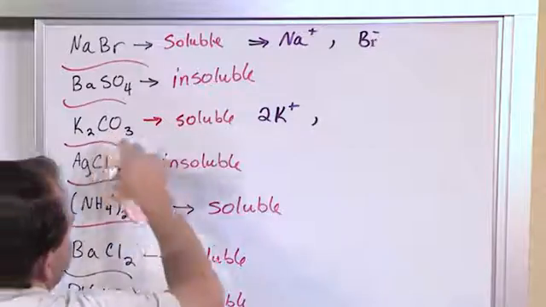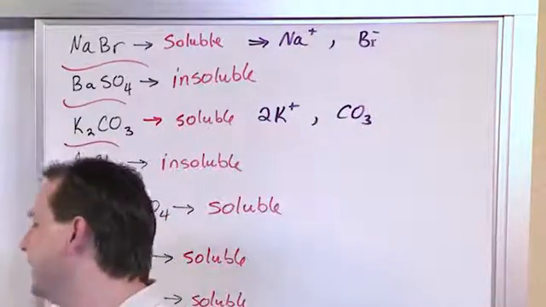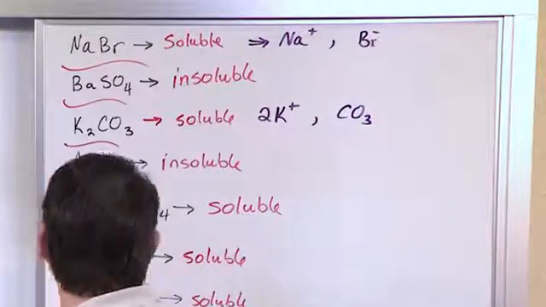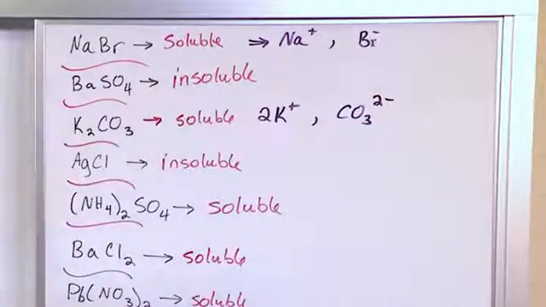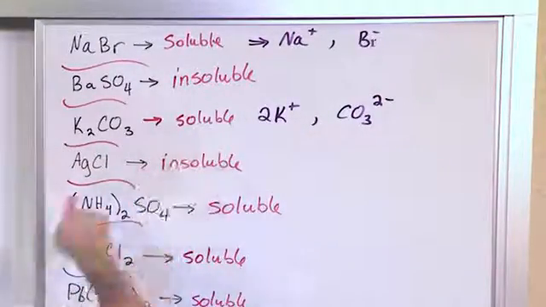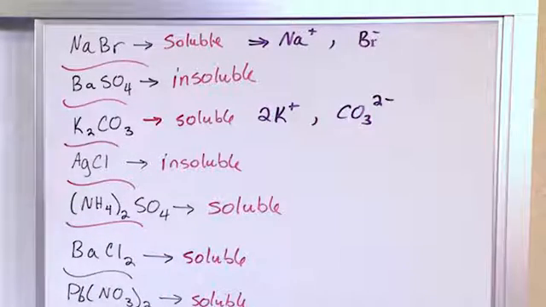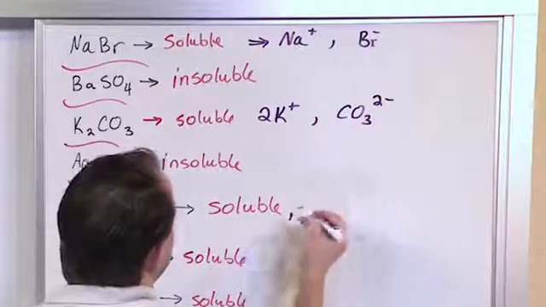And then we have a carbonate, CO3. And if you forget, you can always look back at the chart I gave you. Carbonates always want to form -2. So you write it as 2 negative like that. So these are the ions that want to form. Silver chloride is not soluble, so it doesn't apply. Ammonium sulfate, we go and look and say, okay, it's going to break into ammonium and sulfate ions.